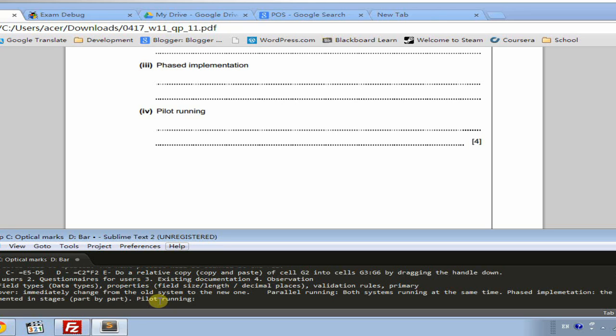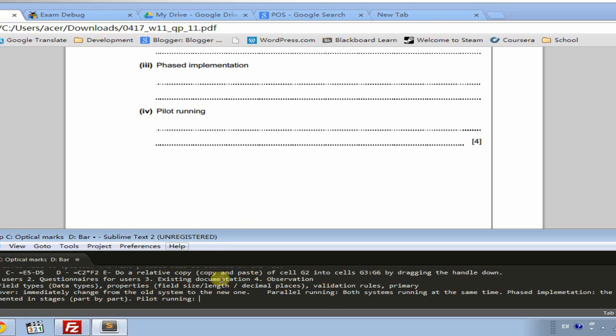For example, maybe the stock department or the shipping part, and gradually each department will take over the system, but only a department at a time.